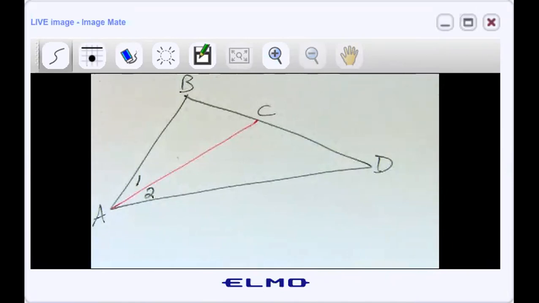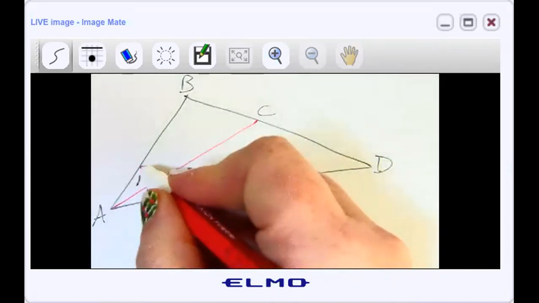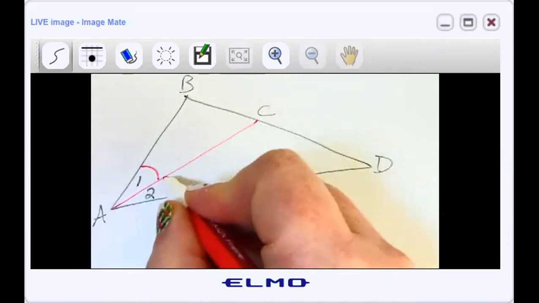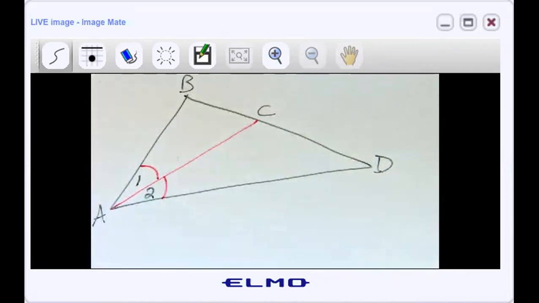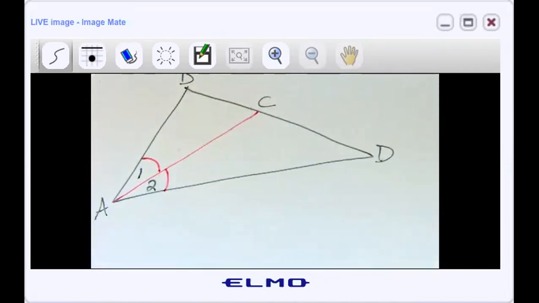I could say in words, angle 1 and angle 2 are equal to each other, or more commonly, you're going to see them marked as congruent angles, like that. Once I establish that I have a line segment cutting one of the original angles of the triangle into two equal parts, now I can say that AC is an angle bisector.